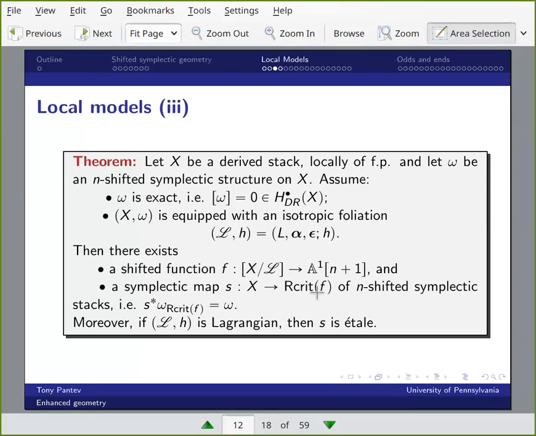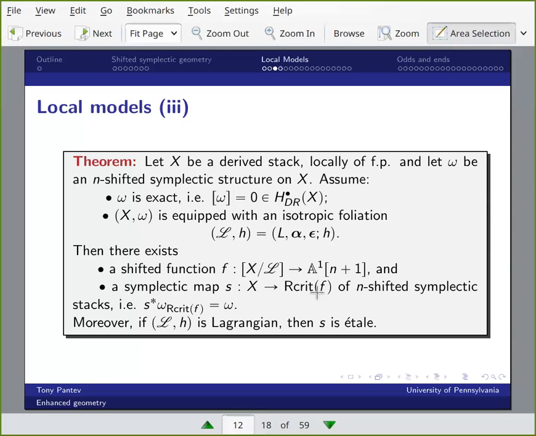So it is exactly the same thing that I did in the geometric case, but done with foliations. And if your guy was not derived, if the tangent complex was just a vector bundle, then it would be just a Lie algebroid which happens to be isotropic or Lagrangian.